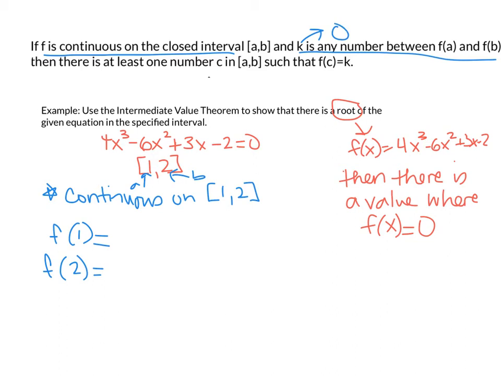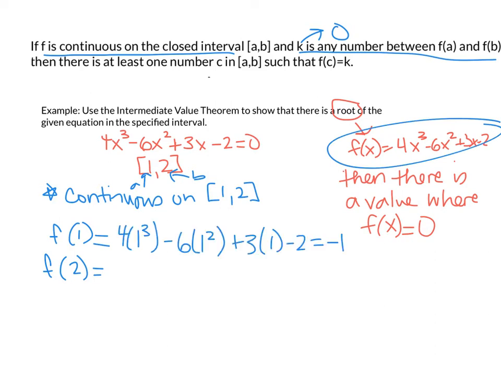So it's going to be whatever y value or whatever f value you're looking for. So we want to know if that's true. So, okay, let's look at this. f of 1, if you substitute 1 into the function that we have right here, you hopefully should get -1. Do the same thing with f of 2. And hopefully when you do that, you should get 12.